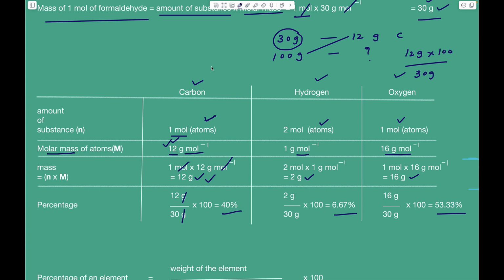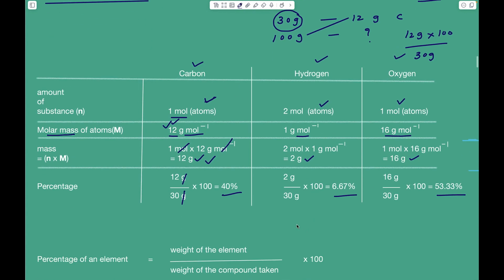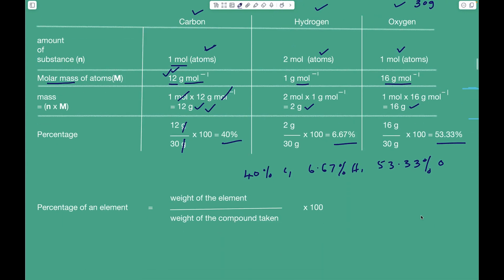So the percentage composition of formaldehyde is 40% carbon, 6.67% hydrogen and 53.33% oxygen by weight. And if you want to memorize a formula for the percentage of an element in a compound, it is the ratio between weight of the element and weight of the compound taken multiplied with 100.